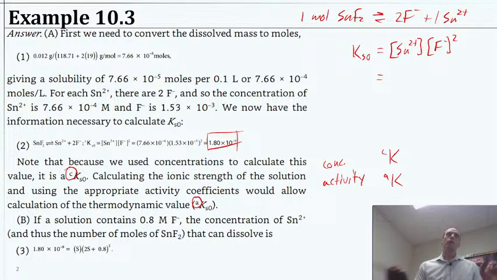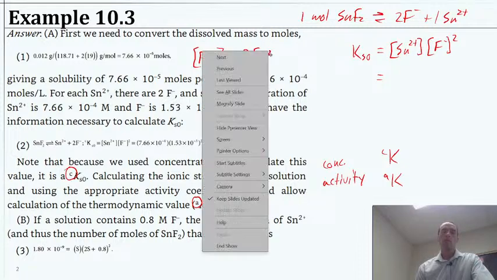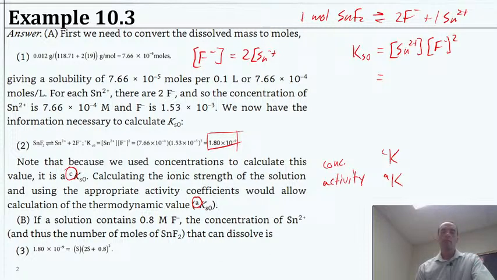So we can make a relationship between F minus and Sn2 plus: for every Sn2 plus we have, F minus should be 2 times the tin concentration. Okay, so we can then substitute.